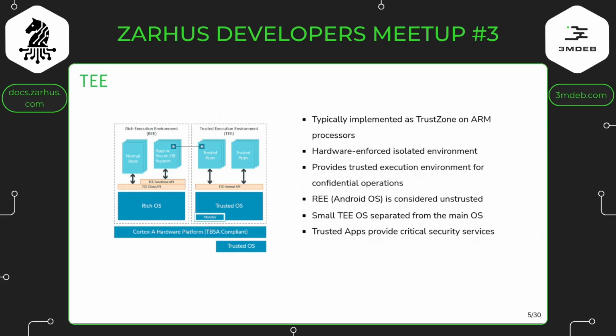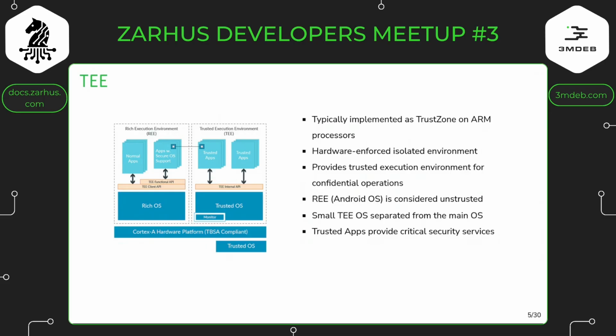In this Android security model, the main operating system, Android, is considered untrusted, so the critical operations, some key operations, signing, encrypting, and so on, are handled by this trusted execution environment.